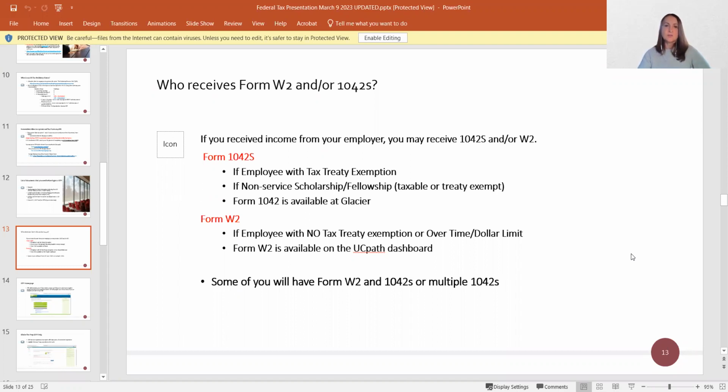Each of those circumstances will trigger a different tax rate. The university cannot predict those rates, and we cannot determine rates for residents. That's why UCSC is not required to withhold tax from fellowships for residents. So you will not receive Form 1042-S if you receive scholarship or fellowship income while you were a resident for tax purposes.